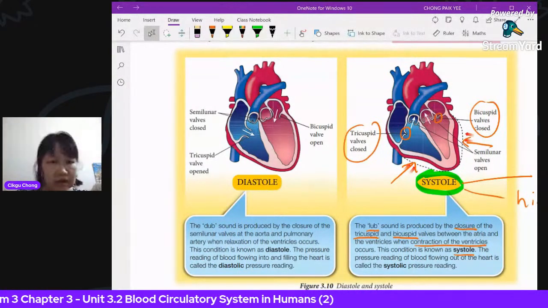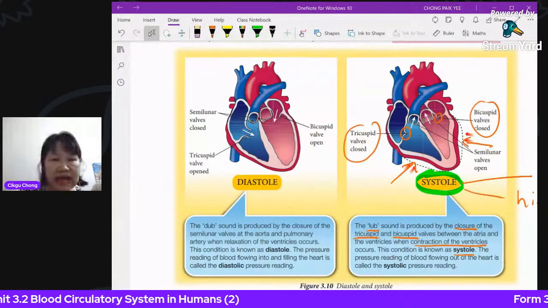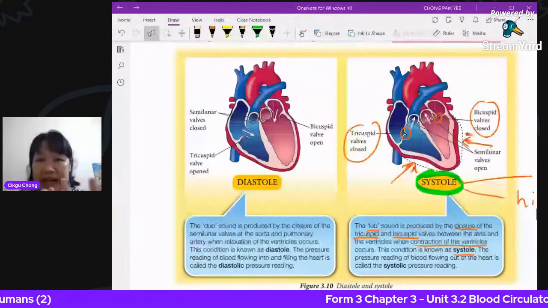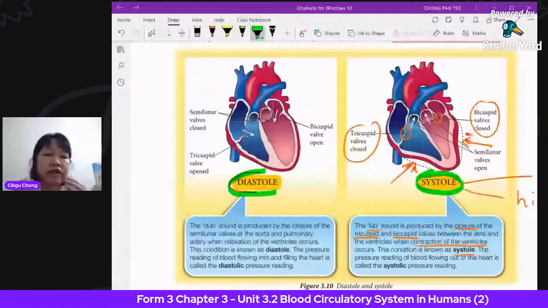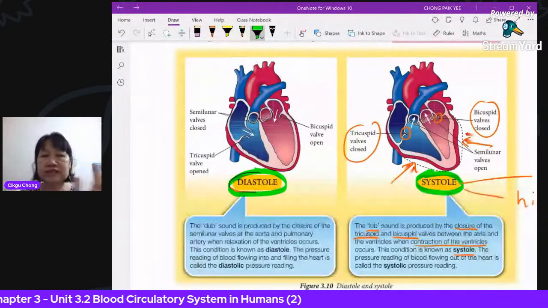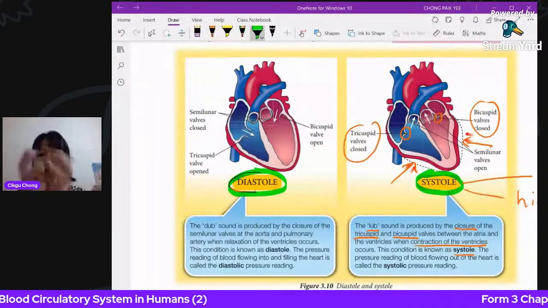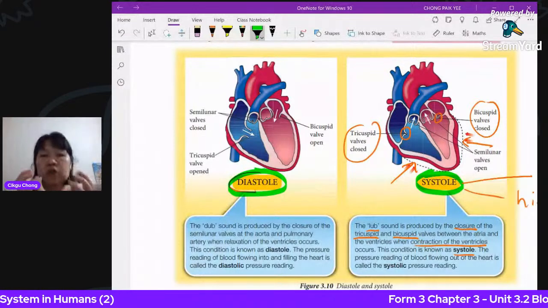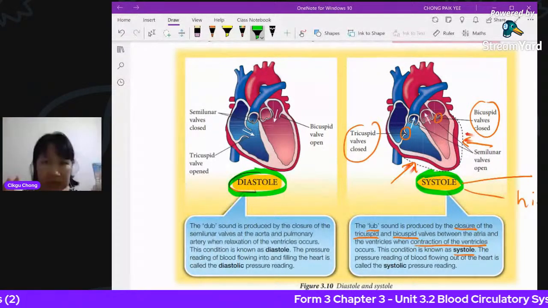When we talk about the ventricle, 它下面的 relax, it's called diastole. Diastole is the phase when the ventricle relaxes. So you can see it's bigger. The diastole phase is not squeezing, unlike the systole, which squeezes.